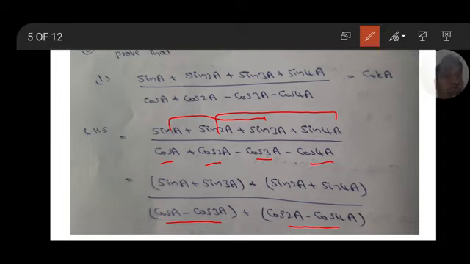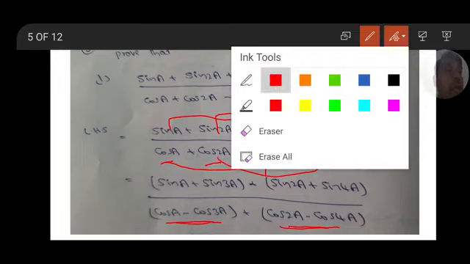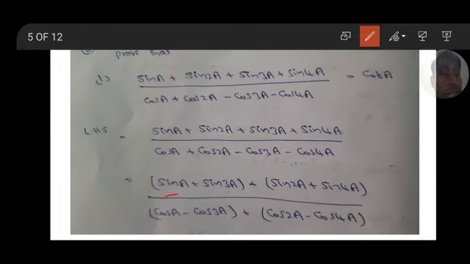So in the numerator sin a plus sin 3a plus sin 2a plus sin 4a, and in the denominator cos a minus cos 3a plus cos 2a minus cos 4a. So now apply the formulas: sin c plus sin d, sin c plus sin d, cos c minus cos d, cos c minus cos d.